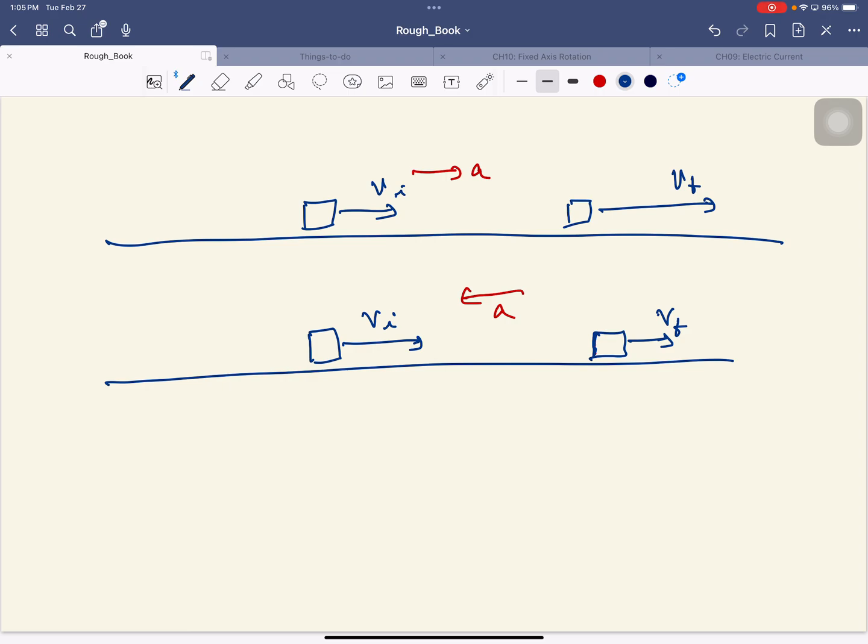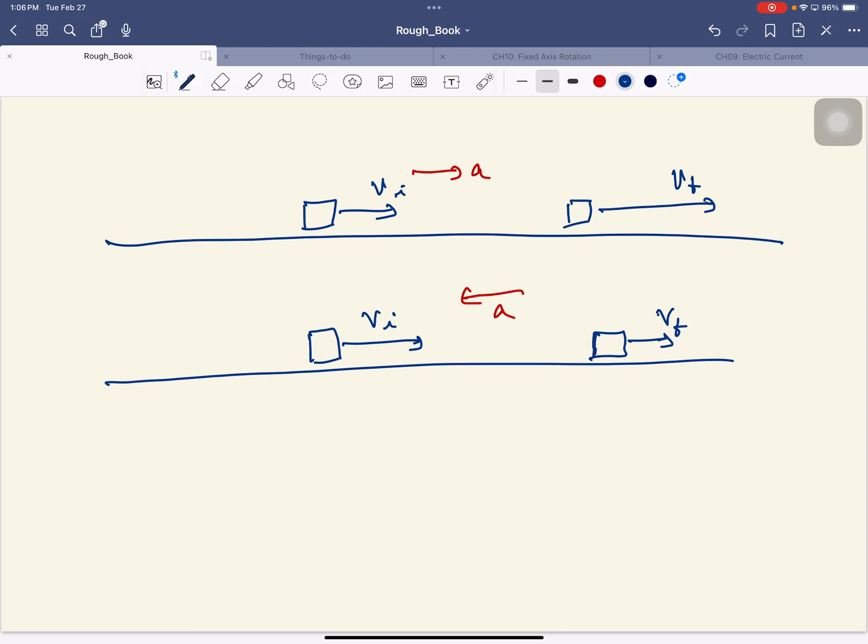Did you guys understand that? When the speed decreased, the acceleration was pointing in the opposite direction as the velocity. Now they're pointing in the same direction. When speed is increasing, acceleration is pointing in the same direction as the velocity.